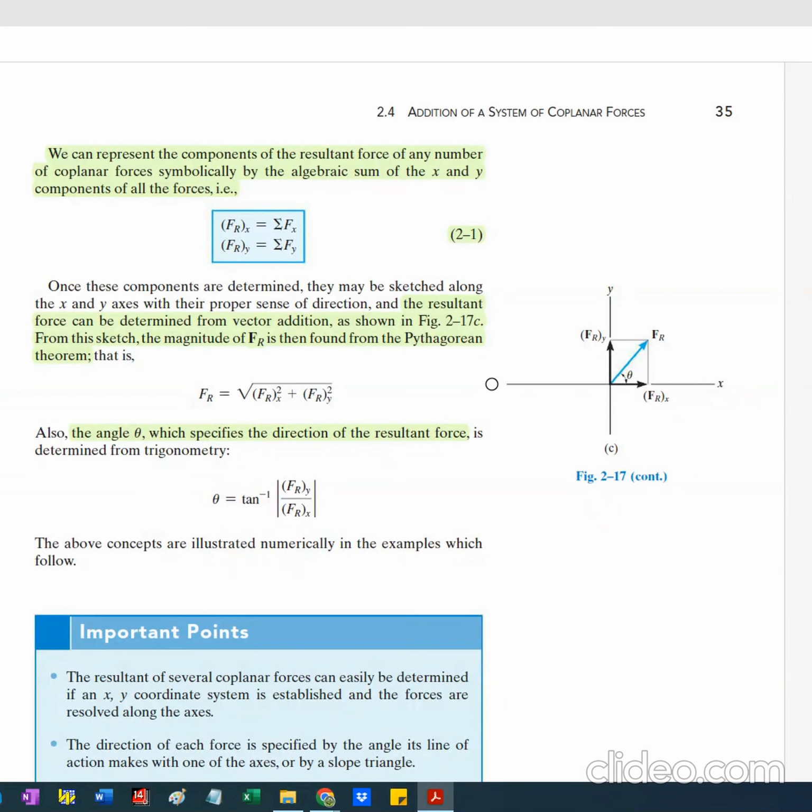If the x projection of the resultant is negative and y positive, it is in the second quadrant. So again, use judgment when you report this angle. Look at the signs of these projections of the resultant.